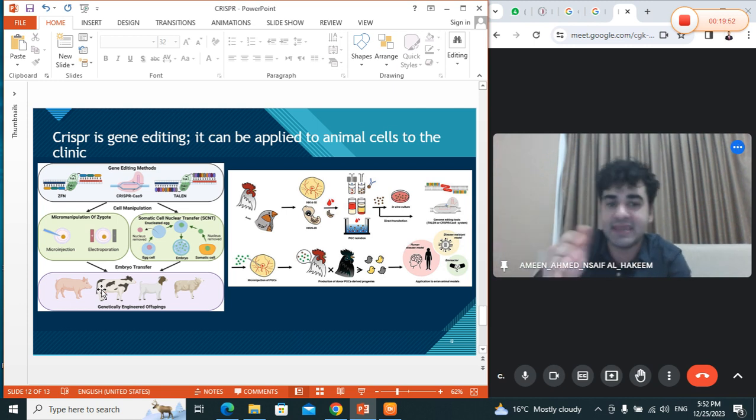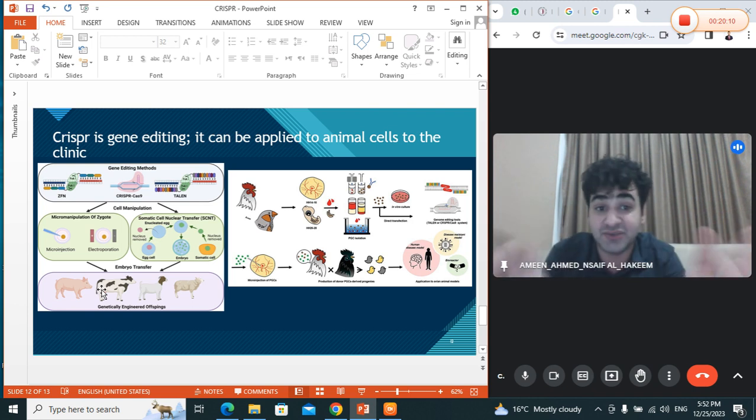Perhaps knock-in enables the insertion of a specific gene sequence into the animal's genome. This can be used to introduce desired traits or modify genes for research purposes. So this is what they mean in CRISPR for the application.